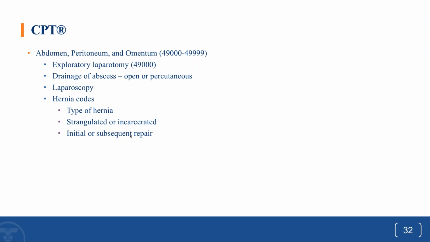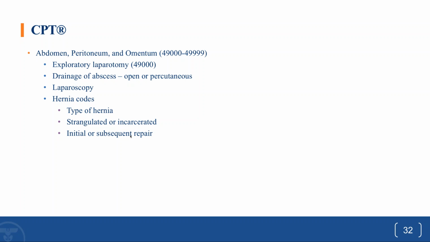These are hernia repairs on infants. For 49495, make sure you highlight where it says younger than 6 months, and also where it says repair initial and tells you the type of hernia. That's an inguinal hernia, younger than 6 months.